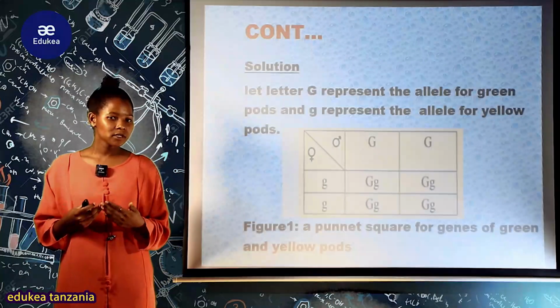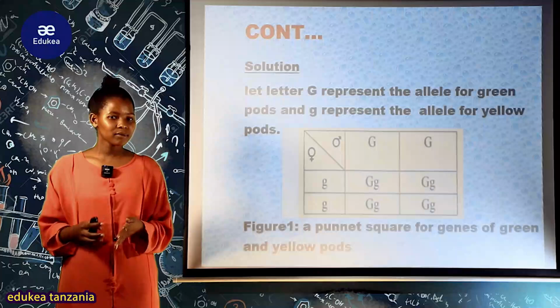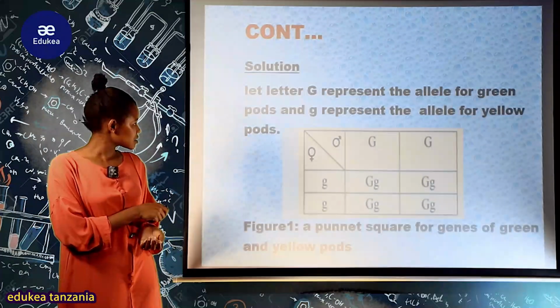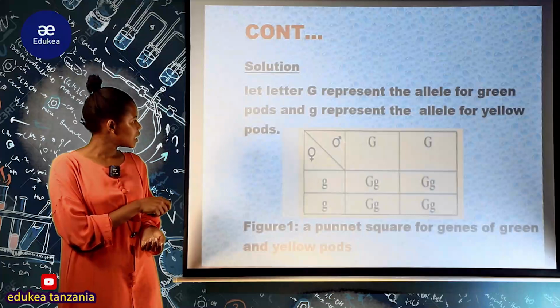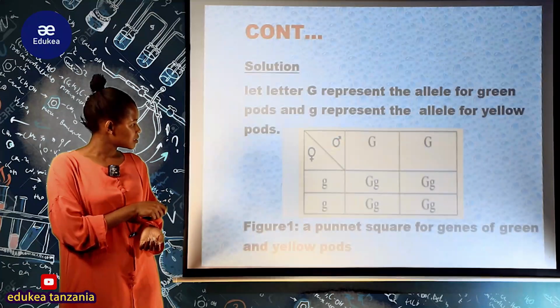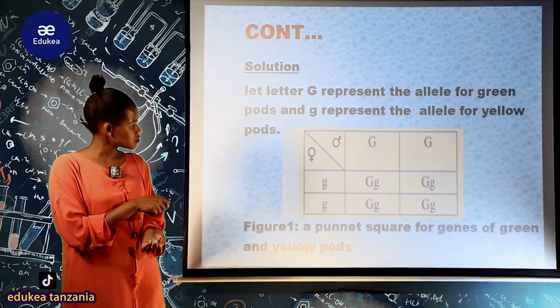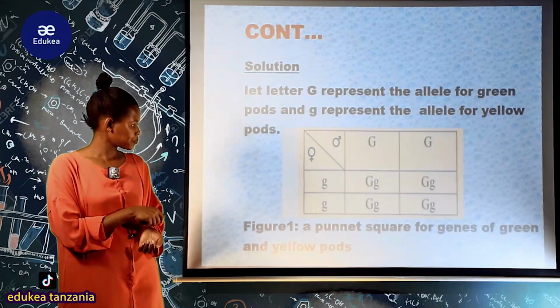As I told you, Punnett square ina pande mbili, ina side ya male na ina side ya female. And now you can see here is the side of female and here is the side of male. This is the female parent and this is the male parent. Unapaswa ujifunze vizuri namna ya kuichora hii Punnett square.